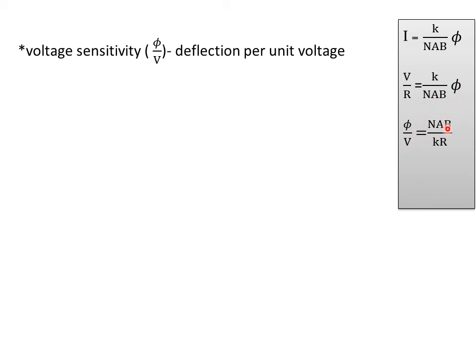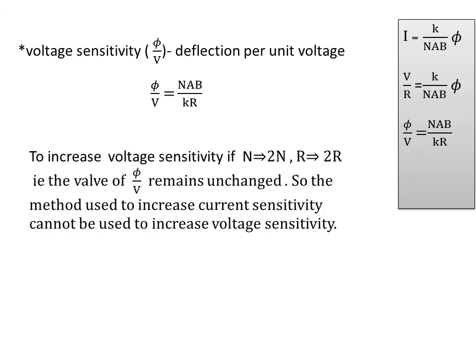So phi by V is equal to NAB by K. Now to increase the voltage sensitivity, we can increase the value of N, A, B or decrease the value of K. To increase current sensitivity, we increase the value of N, but here if we increase the value of N to 2N, R will become 2R. So instead of N, here we have 2N, instead of R we have 2R. So the value of phi by V remains unchanged. So we cannot use this method to increase the voltage sensitivity.